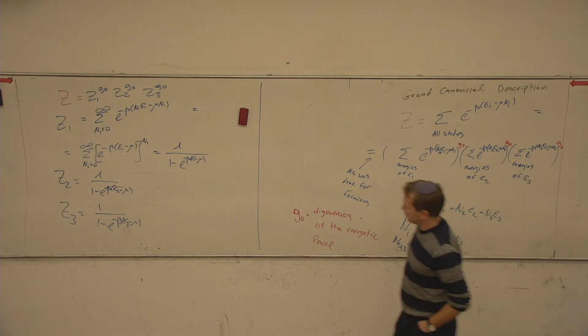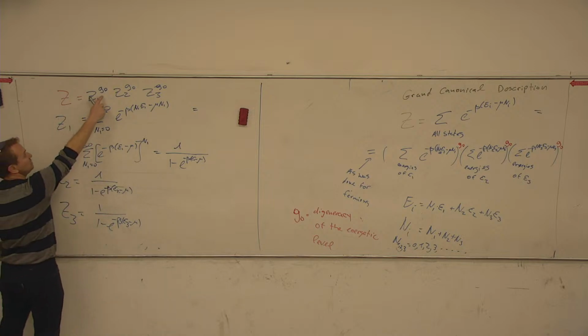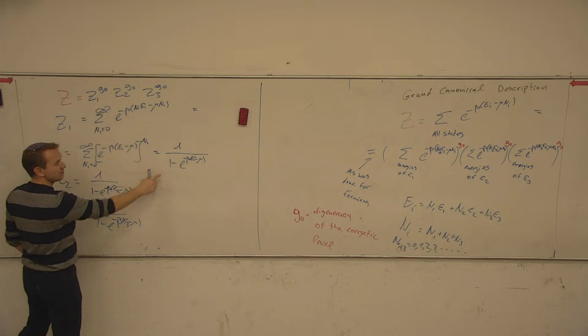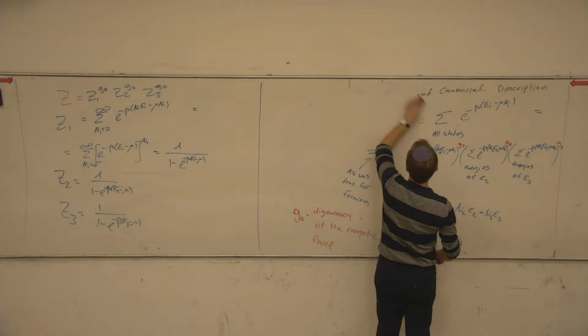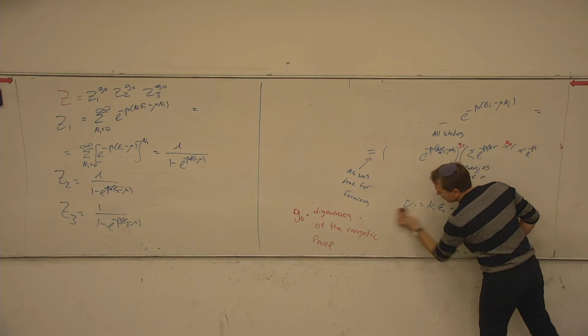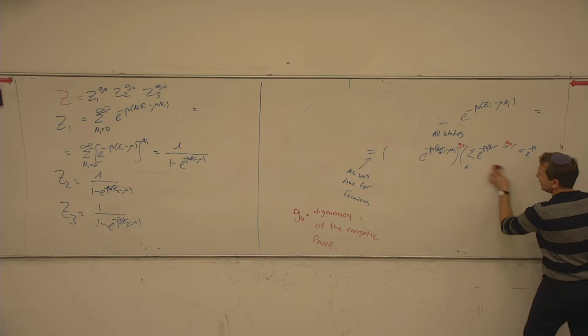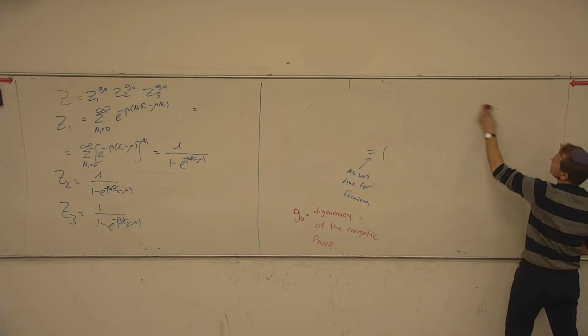Now, in order to write z, I have to take the g0 power of each of the states, and I have the total description of my system, because the moment that I have the partition function, everything else is somehow related to some kind of derivative of this partition function.